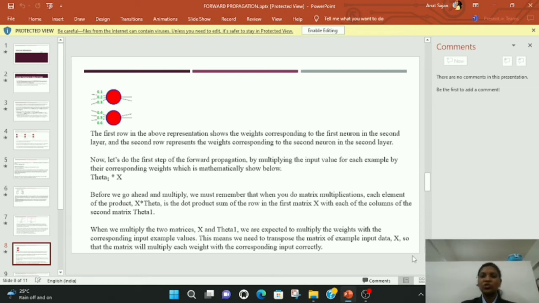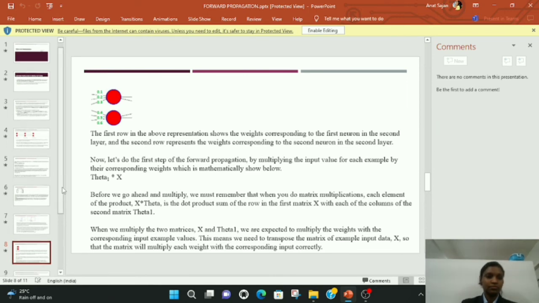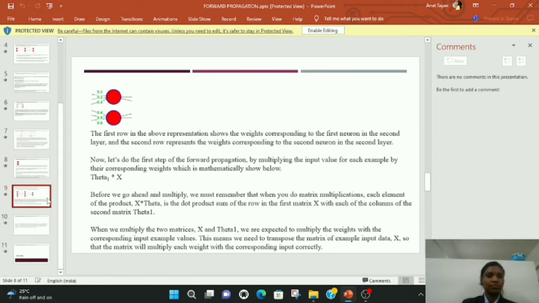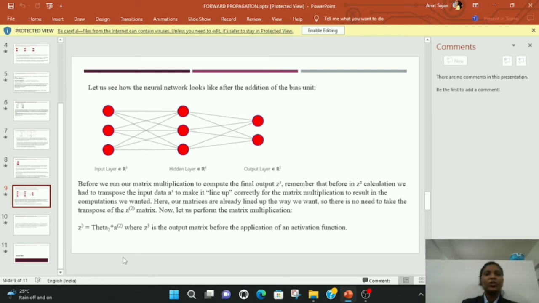This means we need to transpose the matrix of example input data x. So the matrix will multiply each weight with the corresponding input correctly. Let us see how the neural network looks after the addition of the bias unit. Here you can see the diagram.